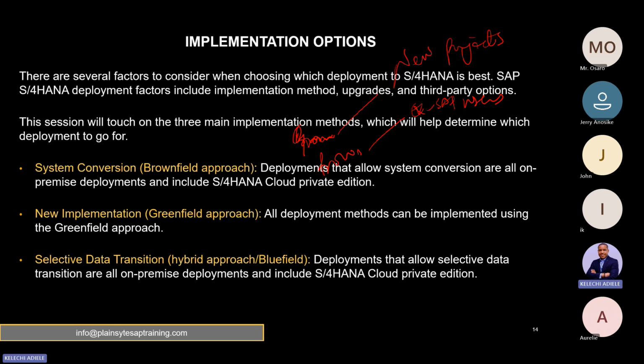You can just be picking things, in a hybrid form. That's what we call selective data transition. So these are the three implementation options we have. At this point, for FlexTube, which is our business case, we are going to be adopting the greenfield approach.